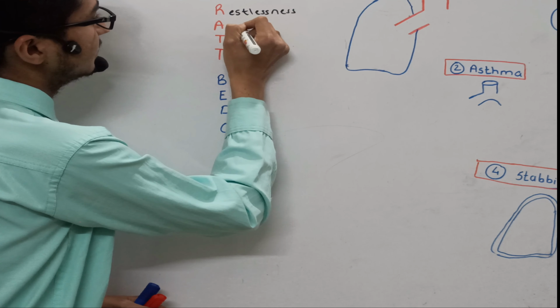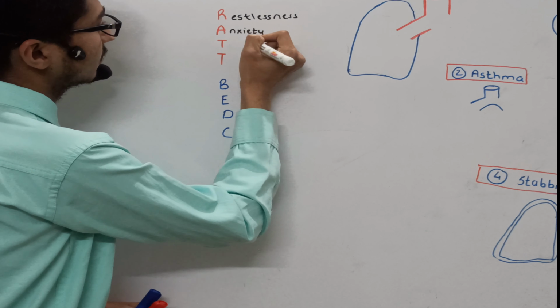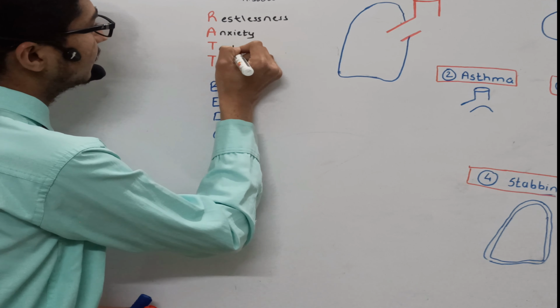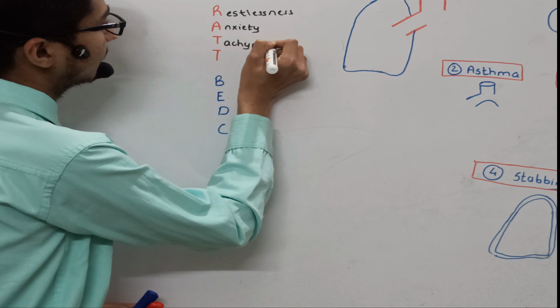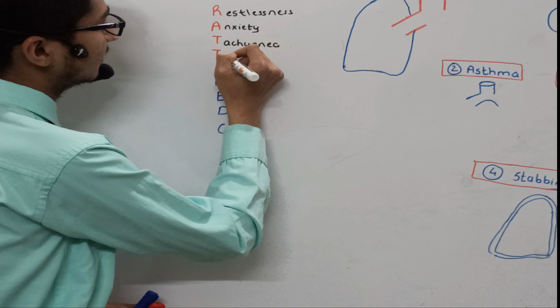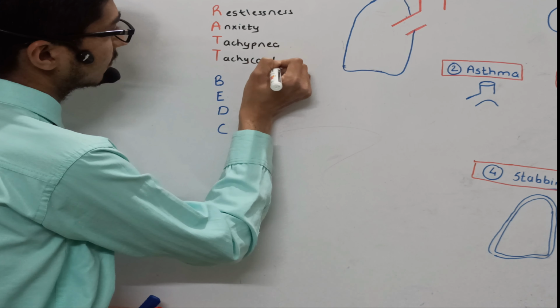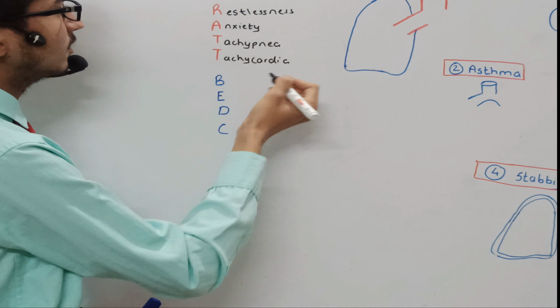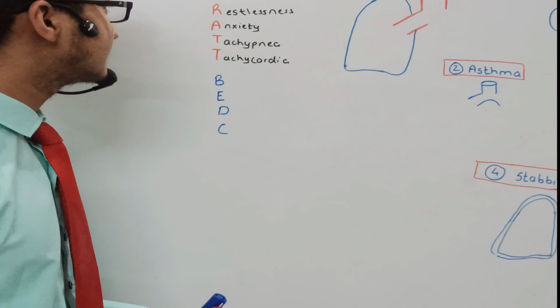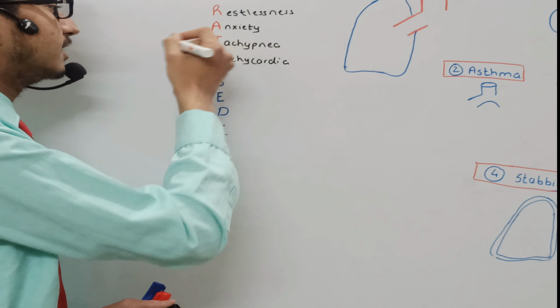Number two is anxiety. Third symptom is tachypnea. And the fourth and the last one is tachycardia. So the mnemonic to remember the early signs and symptoms is RAT. R-A-T-T, RAT.